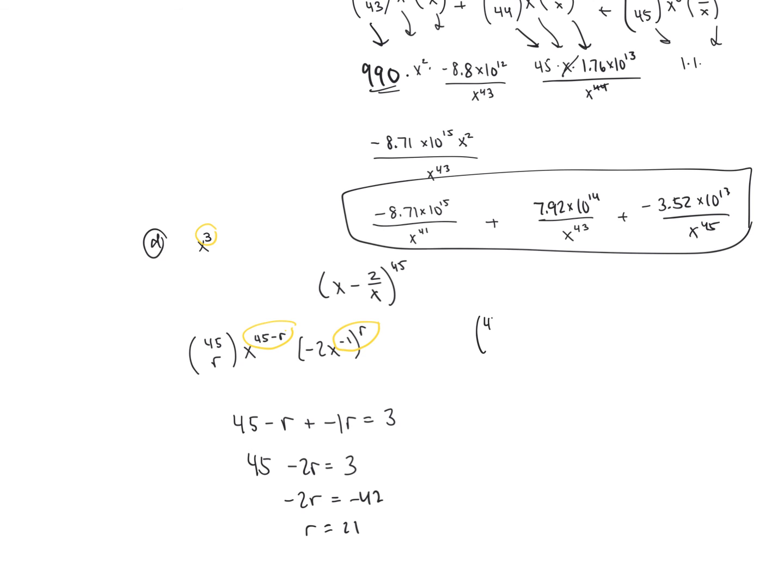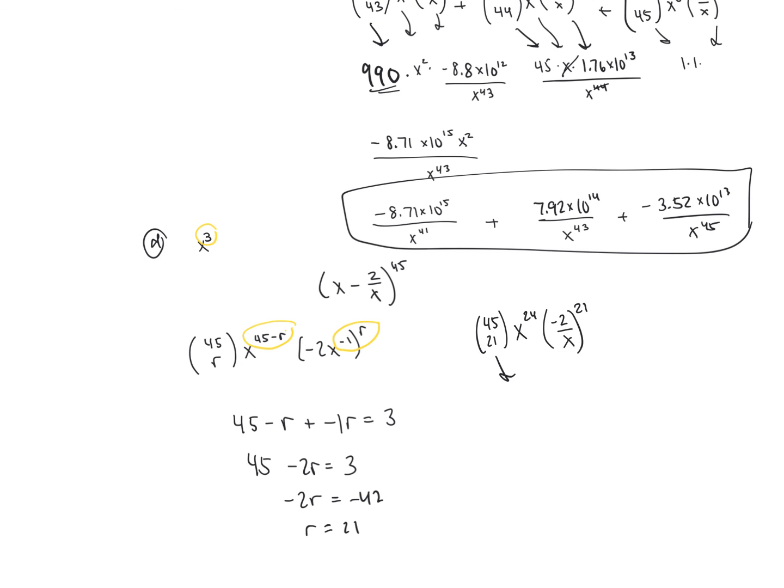So we have 45 choose 21, x to the power of 45 minus 21, which is 24. Yes, I did that in my calculator. I didn't want to think. Times negative 2 over x to the power of 21.